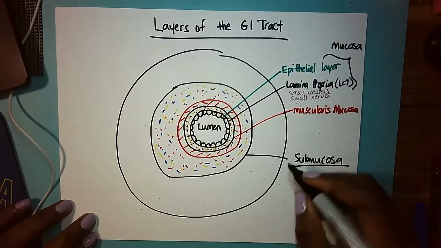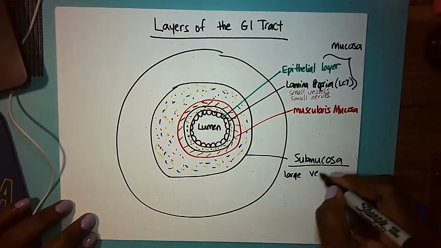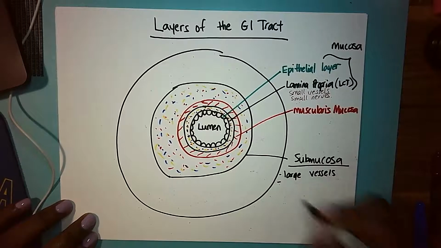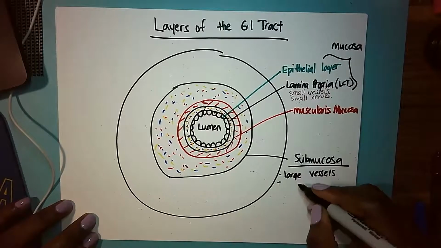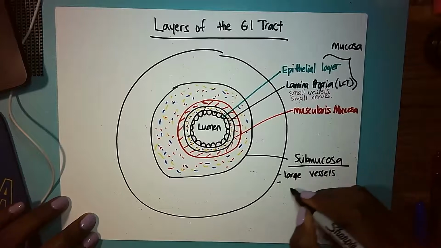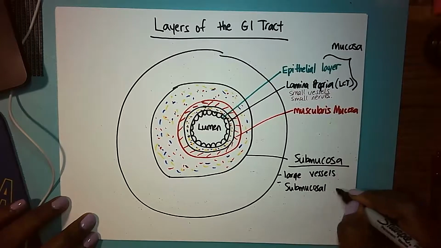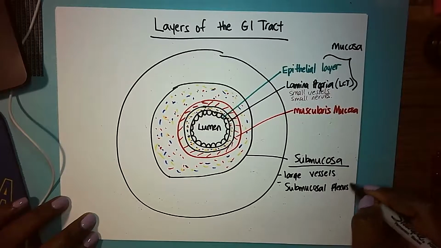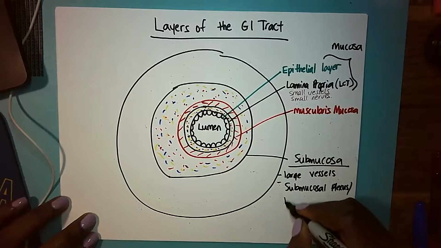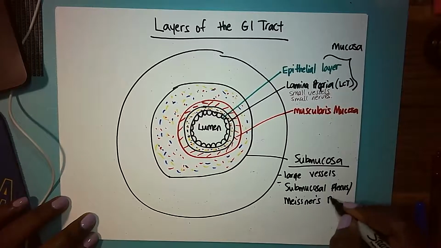And the contents here are going to be large vessels along with large nerves. And the name of the nerves here are called the submucosal plexus, also called the Meissner's plexus. Okay.